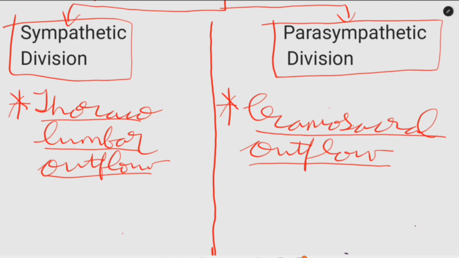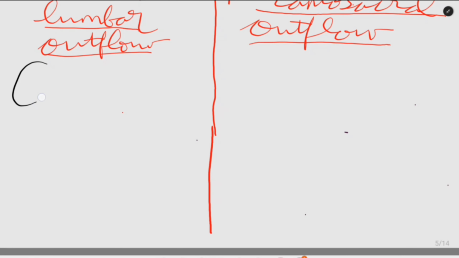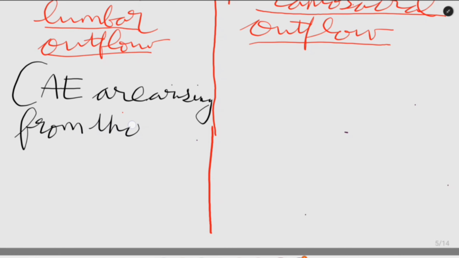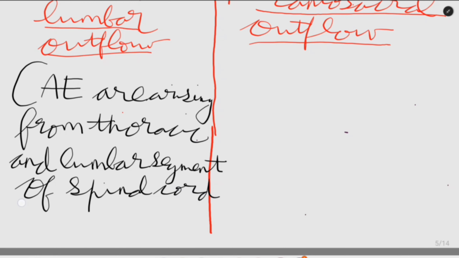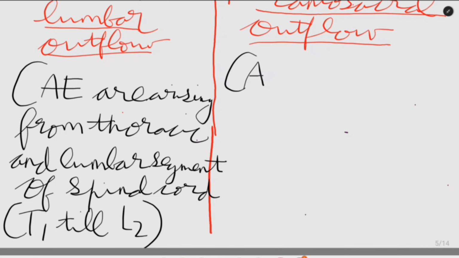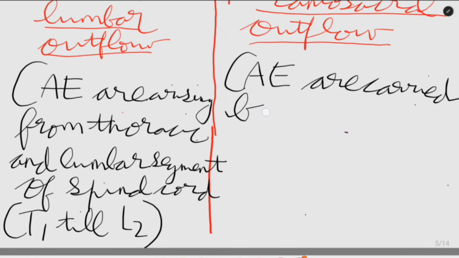Thoracolumbar outflow means the autonomic efferents of the sympathetic nervous system arise from the thoracic and lumbar segments of the spinal cord, between T1 and L2. Craniosacral outflow means the autonomic efferents of the parasympathetic nervous system are carried by cranial and sacral nerves.